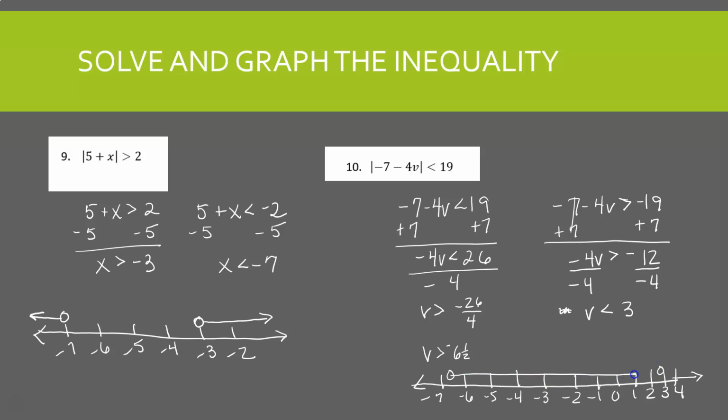Both open. That's what your graph should look like. Okay, that's the end of this part. The next 2 videos will have the next part that I assigned.